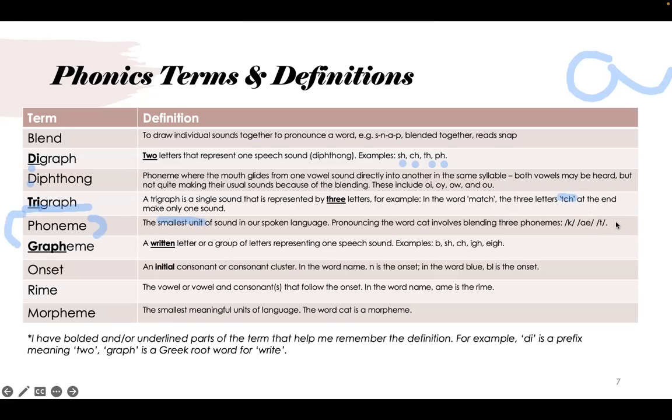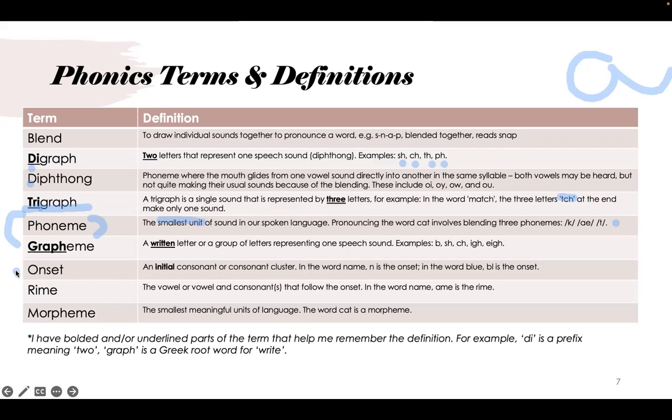However, it's one phoneme. This is a very important point. Graphemes, phonemes, not the same. A phoneme is the sound that comes from the letters together. And sometimes it's just one letter that makes the phoneme. But in our language, sometimes multiple letters make that one speech sound.